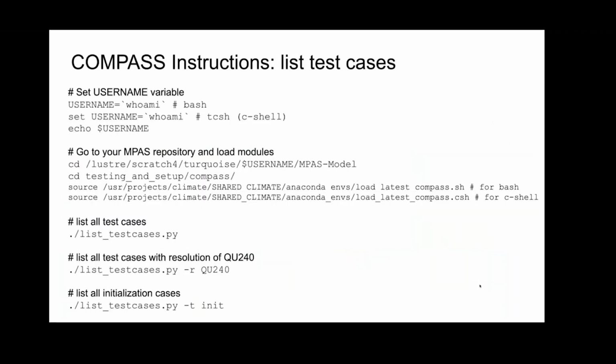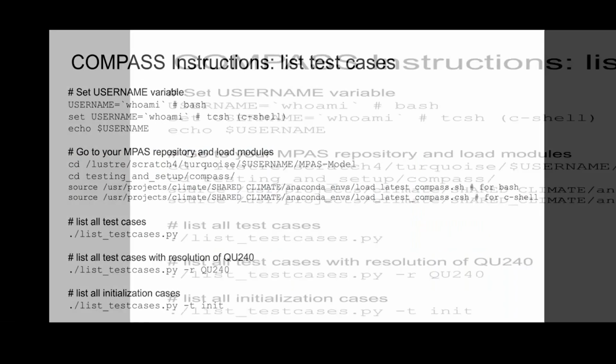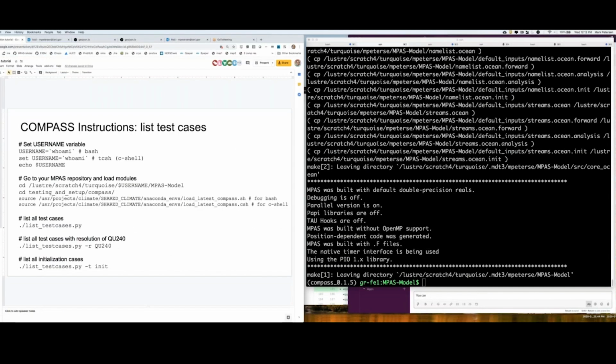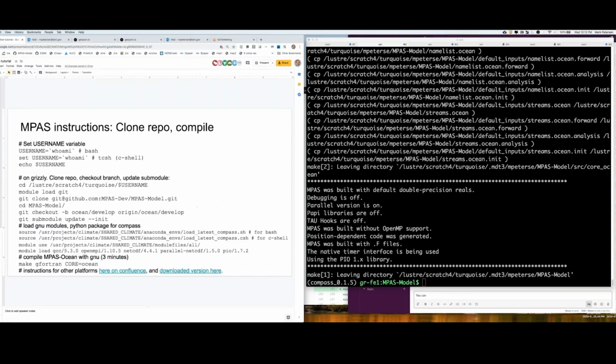Okay, so this is the slide, oops, no, I'm going to go back. All right. So one of the steps, the last one, initial state, uses the actual MPAS executable. So hopefully I talked for 3 minutes at least. Your MPAS executable is probably here.